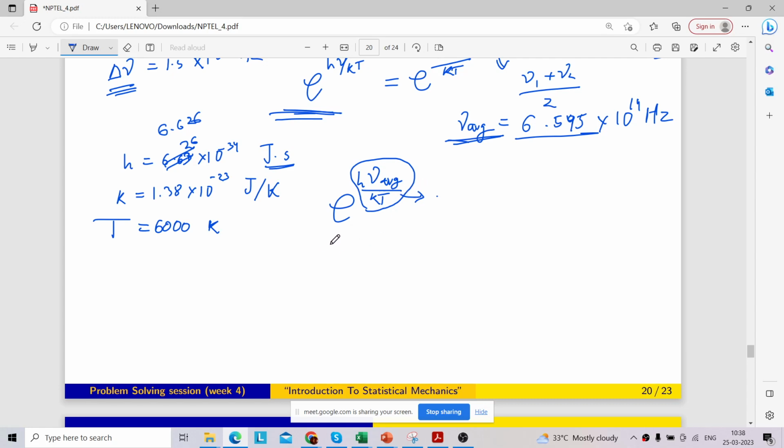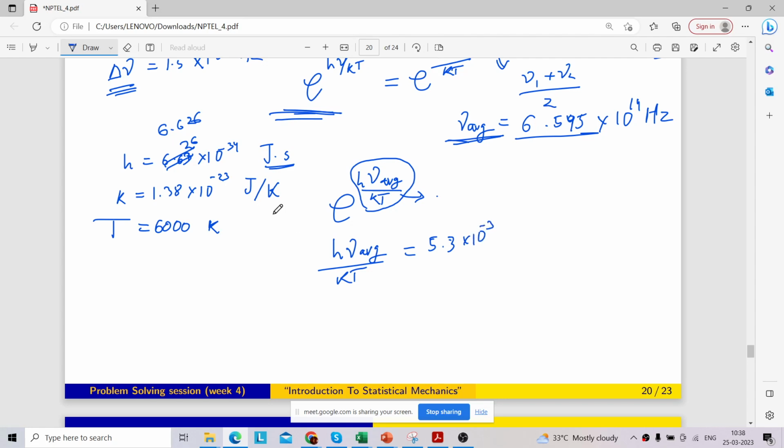So this value, h nu average over kT, I am getting 5.3 times 10 to the power minus 3.